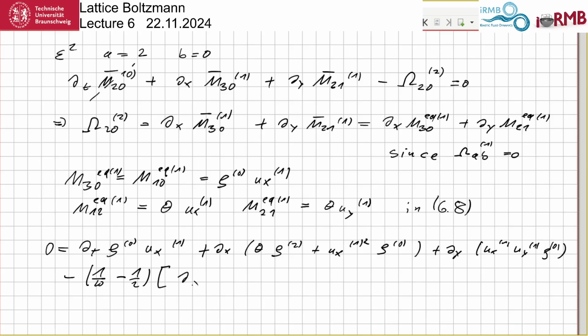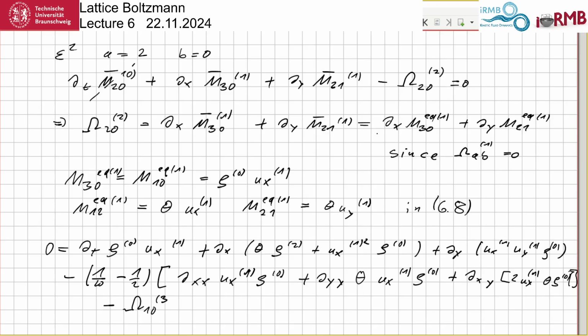Here come dxx, so second derivatives now. This comes out of the third order moments, dyy. So there's a theta ux first order rho 0 plus dxy 2 uy first order theta rho 0, minus omega 1 0 to third order.